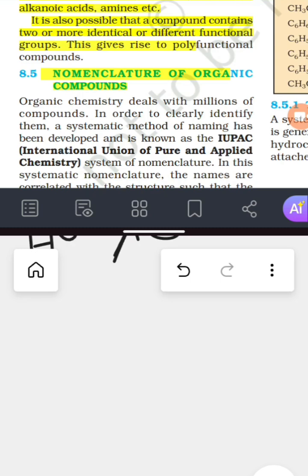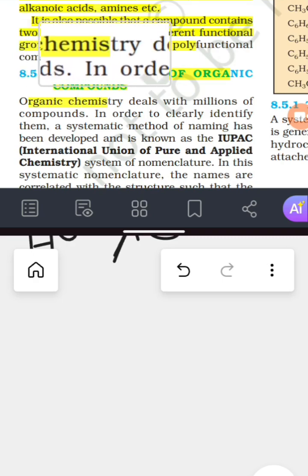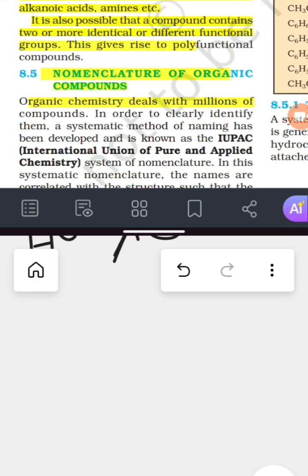So IUPAC, the International Union of Pure and Applied Chemistry, gave some rules for giving names to organic compounds. Organic chemistry deals with millions of compounds.